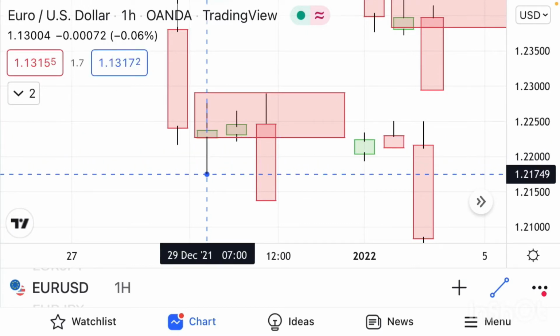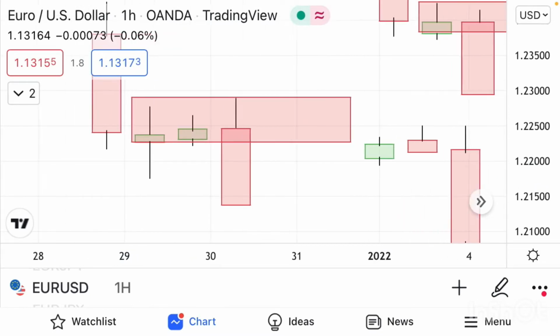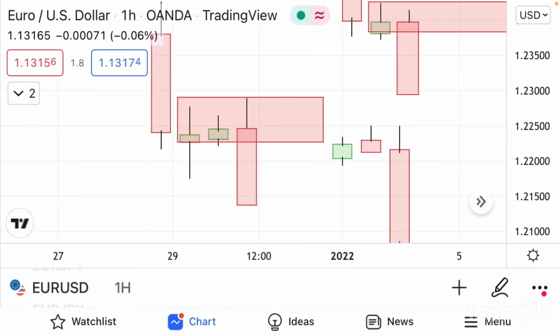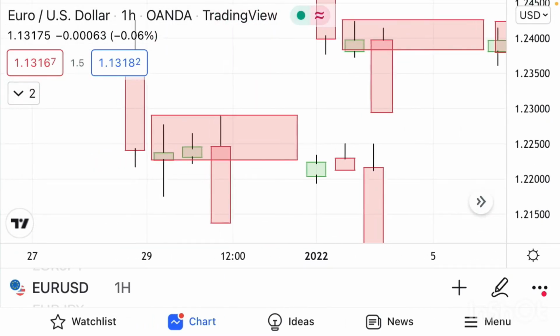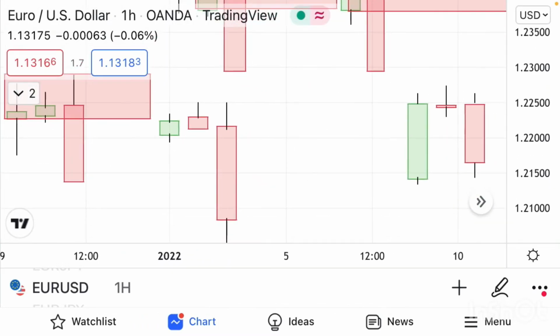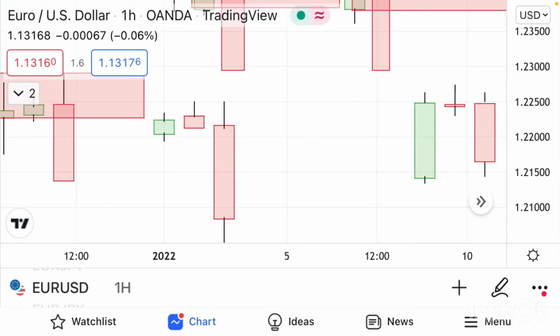Some will have upper wicks like this. So the only thing you can do is always draw it from the opening of the body, collecting these two candles, to the top wicks for your supply zone. So we can see a base drop. Again, we ought to see another one. This is another drop for a supply zone.